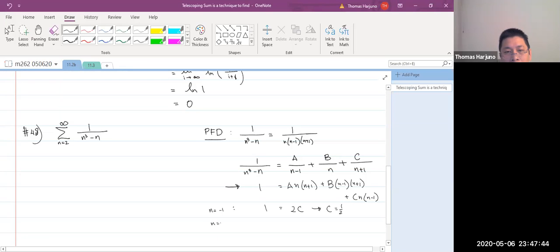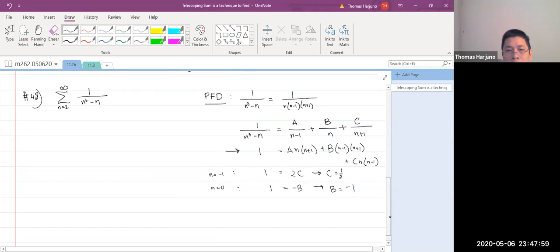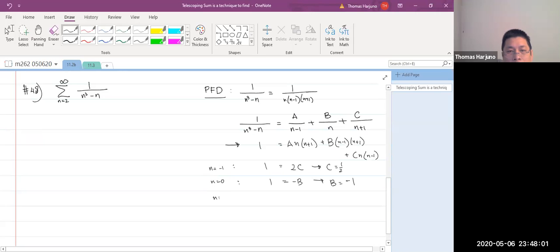When n equals 0, 1 equals -B. So B is -1. When n equals 1, I get 2A.